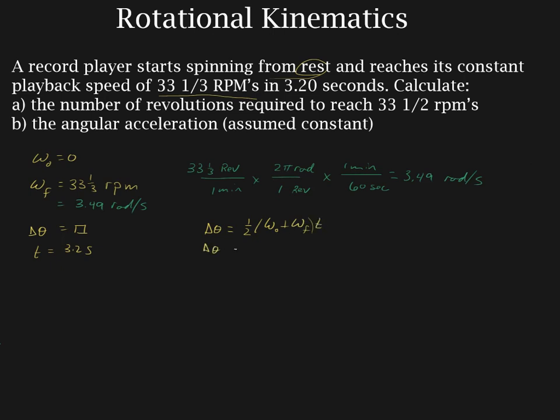So delta theta is equal to, now omega initial we said was 0. And this is just going to leave us with omega final times t divided by 2. And so that's going to be 3.49 times the 3.2 seconds divided by 2.